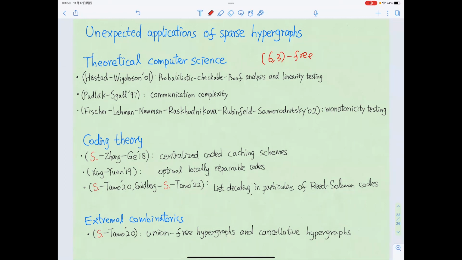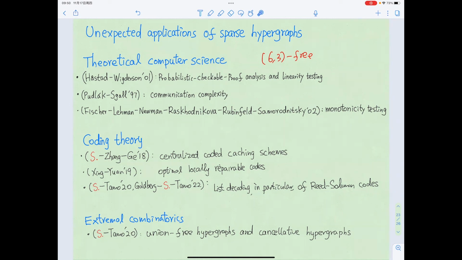And in particular, in this work of Xing and Yuan, they used sparse hypergraphs to construct some optimal locally repairable codes, which have important applications in storage systems.